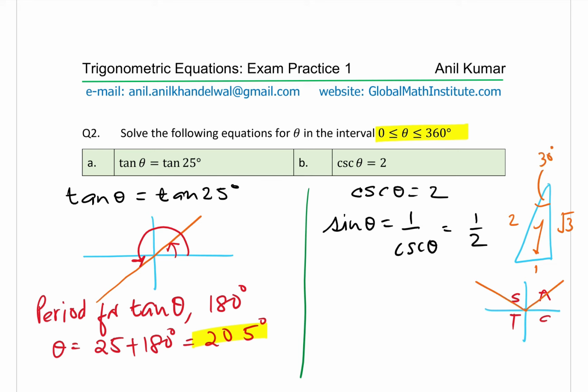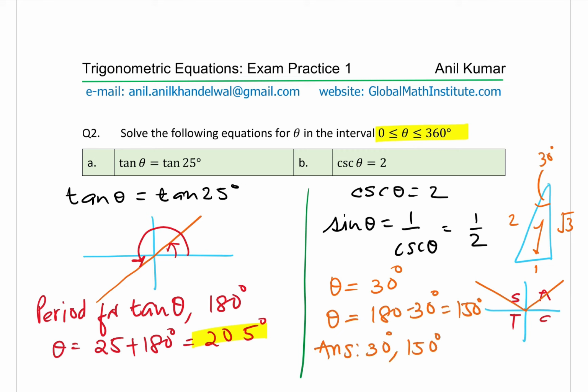One of them is already before us, which is 30 degrees. The other one is 180 minus 30 degrees, which is 150 degrees. So we have our answer here: 30 degrees and 150 degrees.